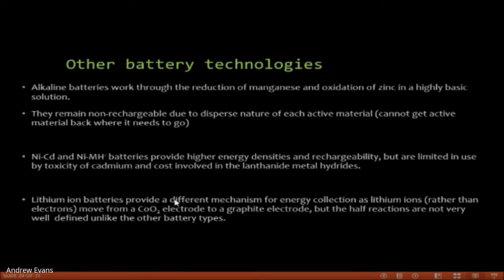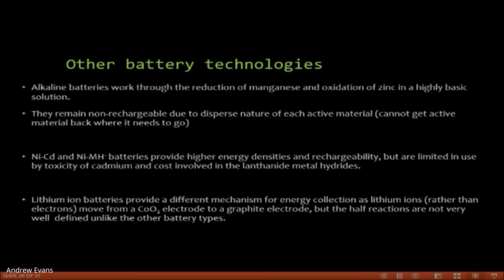Now, lithium ion is an interesting one. Not everything is fully known about this because, unlike the other batteries that transfer electrons, lithium ion batteries transfer literally a lithium ion. That would be like what, 3 protons, 2 electrons, and 2 or 3 neutrons.